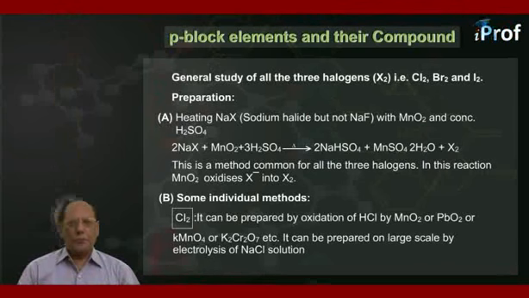B. Some individual methods. So first of all, for chlorine, it can be prepared by oxidation of HCl by MnO2 or PbO2 or KMnO4 or K2Cr2O7, etc. It can be prepared on large scale by electrolysis of NaCl solution.